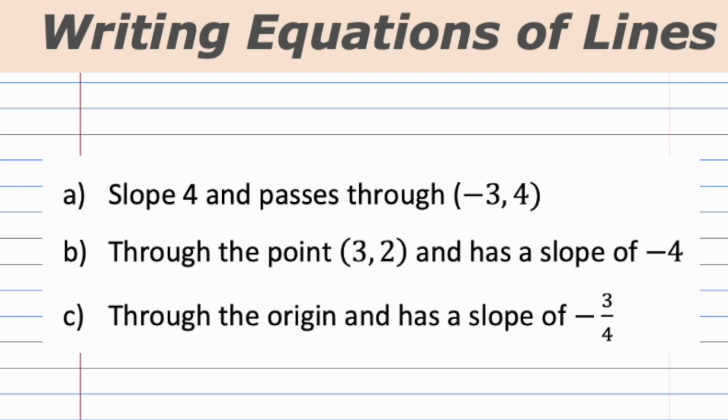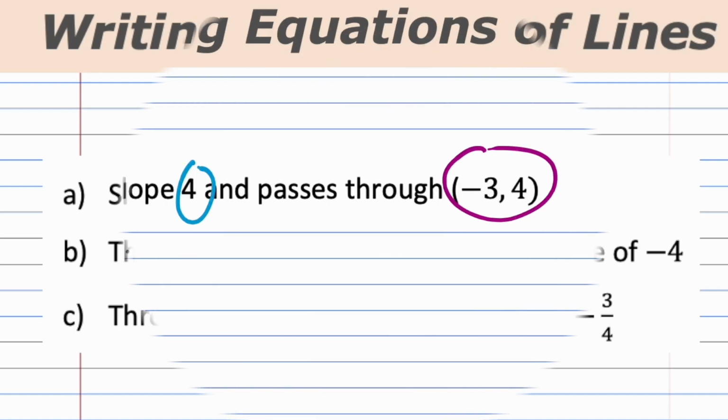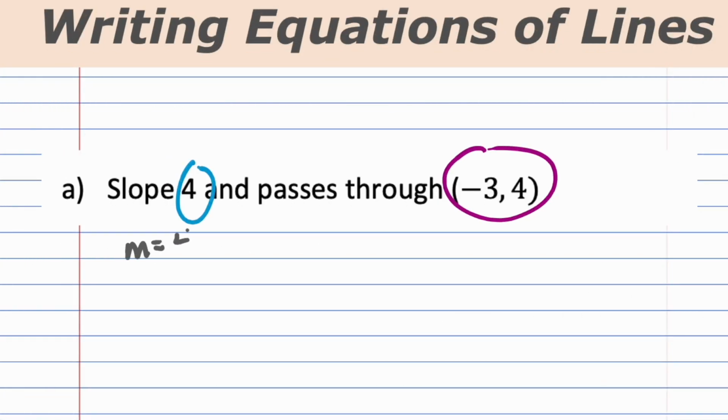The first three questions are very similar because in each one you're given the slope and you're given a point. Slope is 4 and the point is negative 3, 4. We have an x value, we have a y value, and we have the m. y equals mx plus b is the slope y-intercept form.